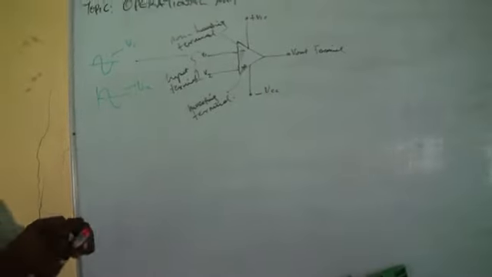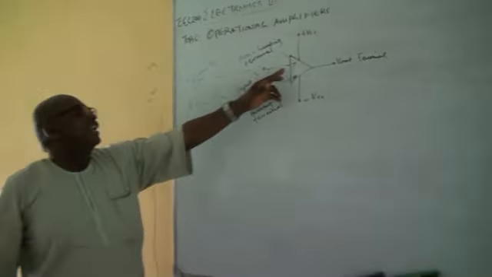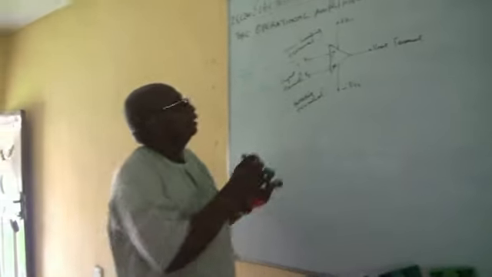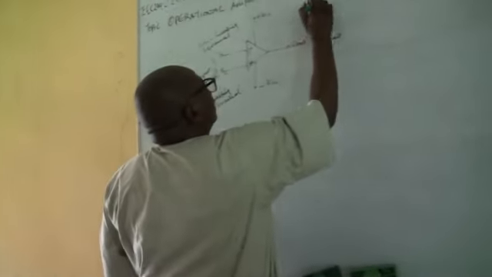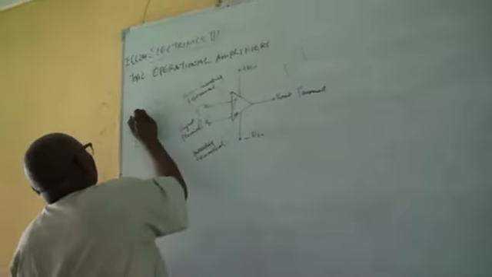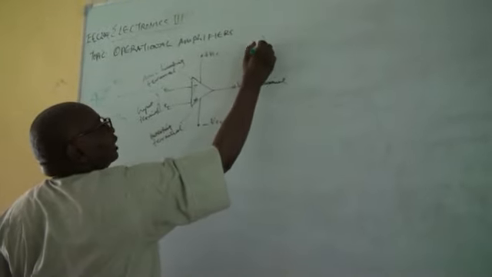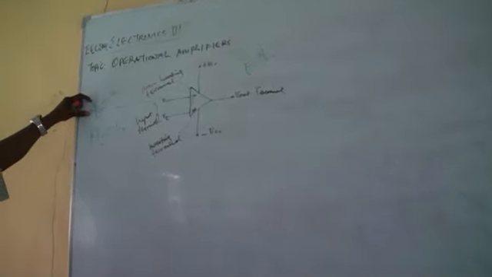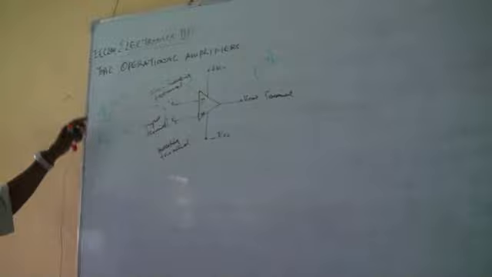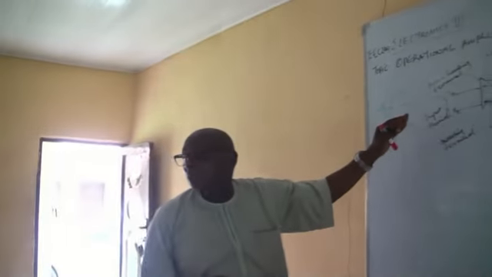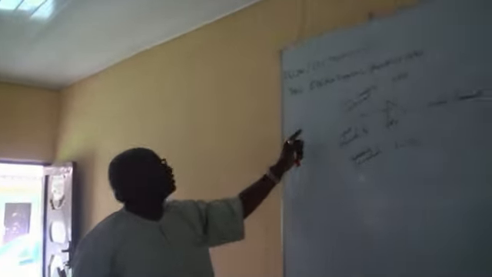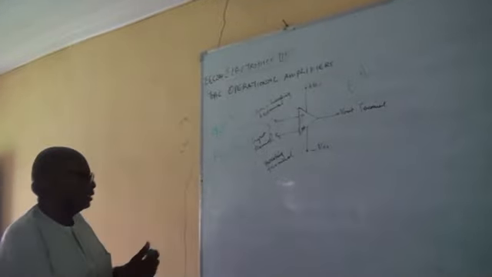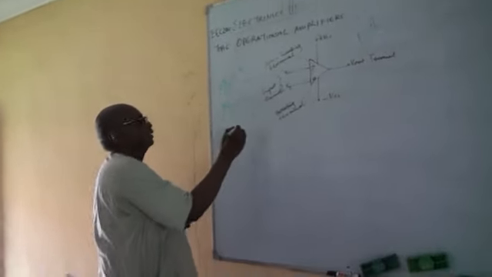By the time this input signal enters the negative terminal of the op-amp, the output is going to be inverted. You can see the positive, negative, and this one is actually negative, positive. And the V2 signal is the same in phase, in frequency, and in magnitude, that is, everything is the same as this other one, right? So this is positive, negative.